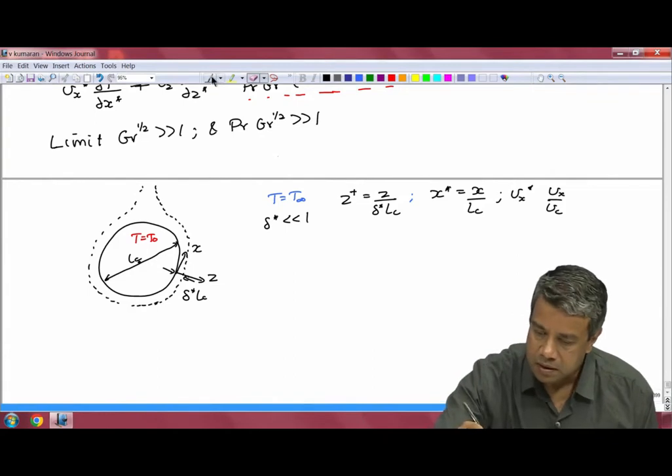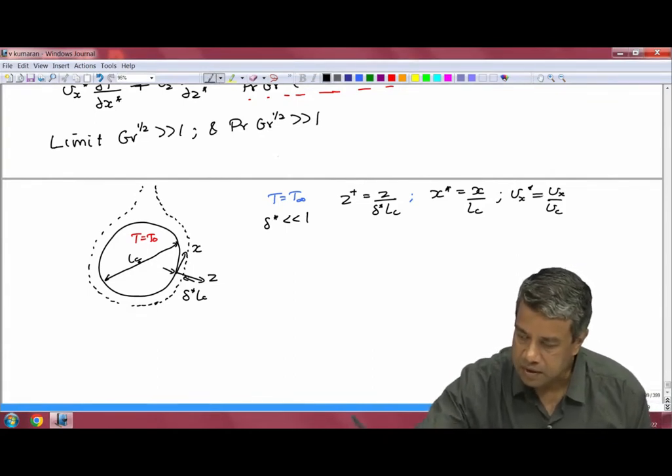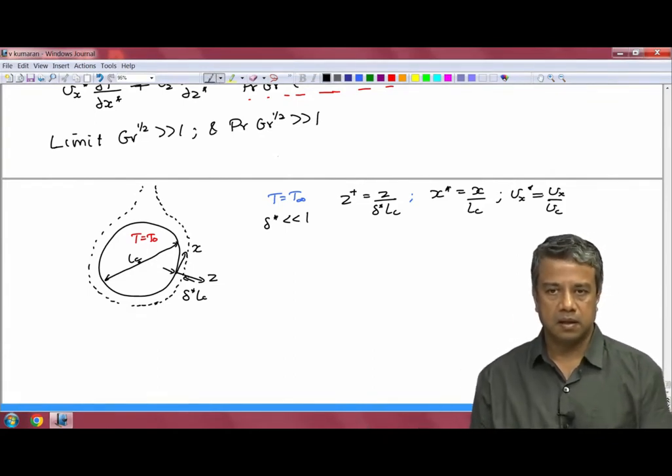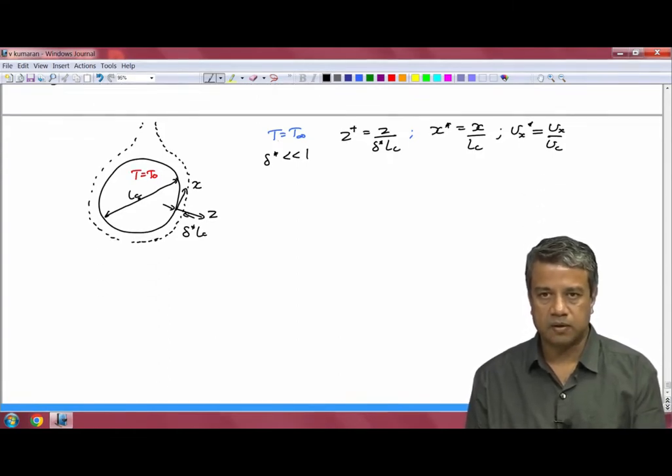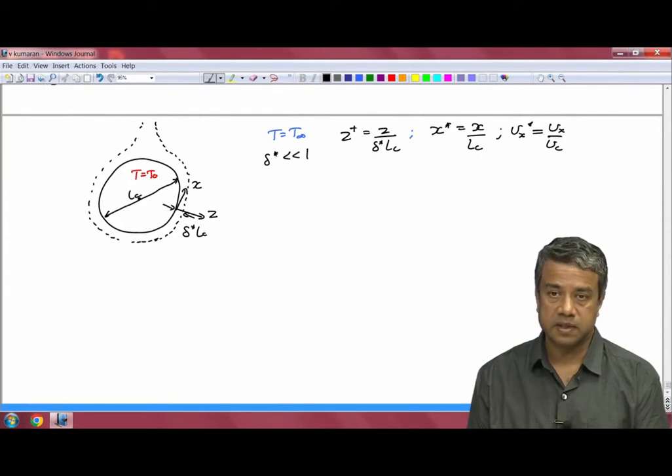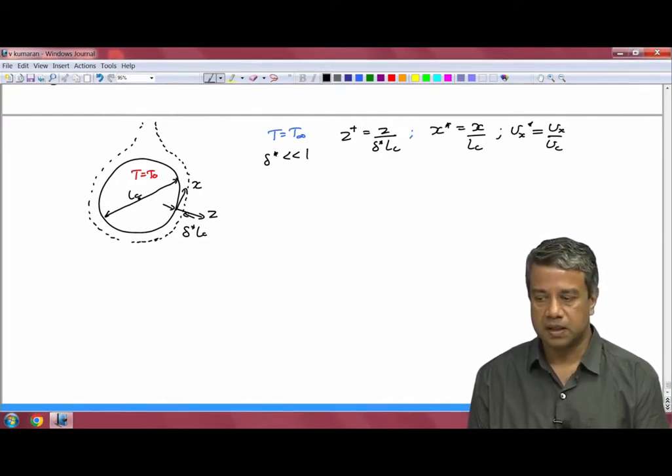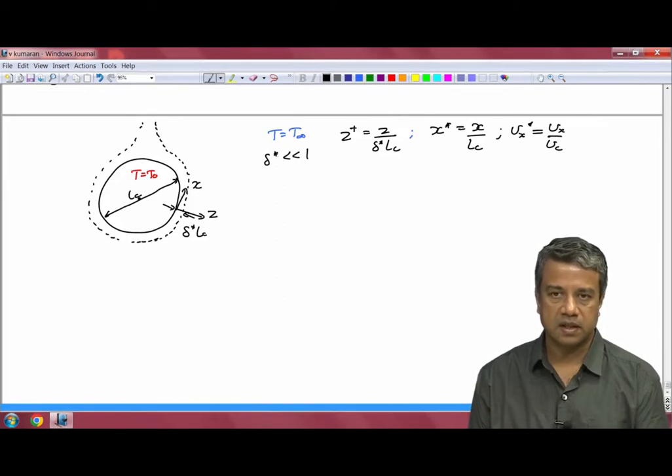Okay. The cross stream velocity will not in general be comparable to the characteristic velocity, because the velocity has to be 0 on the surface. Okay. Therefore, you would expect the cross stream velocity to be small within the boundary layer. The scaling for the cross stream velocity can be obtained from the mass conservation equation.